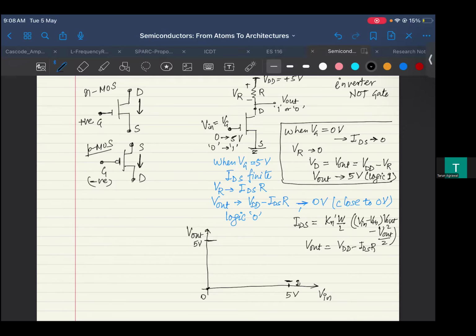When you take V out on one side and V in on the other, and you solve this, you get a function like this, which decreases, and then it becomes like this, right? We can see this point closely, because we know when our transistor becomes on, or starts conducting, and we know that this point is the VTH of the transistor.